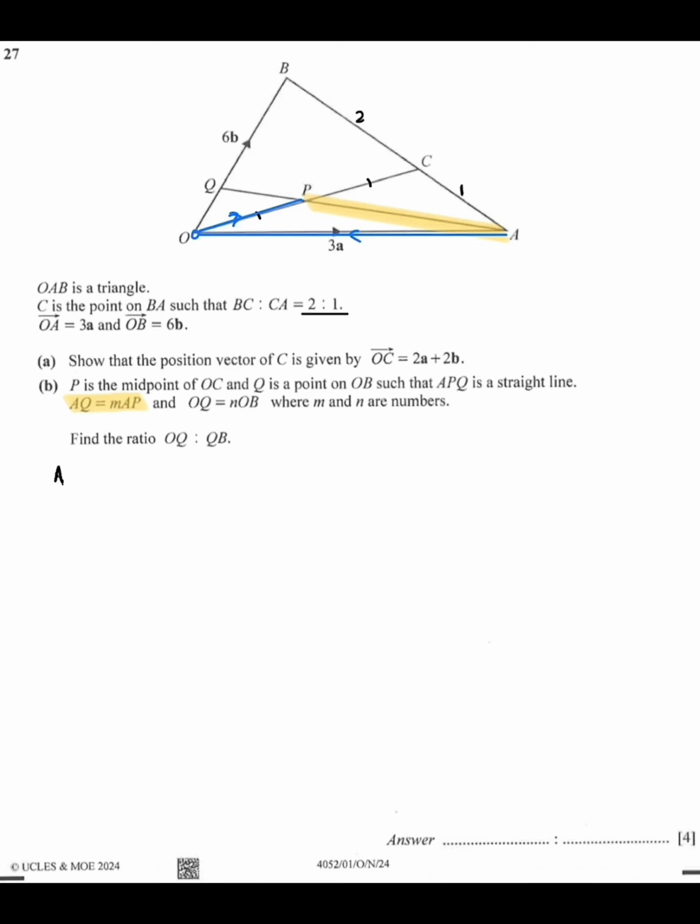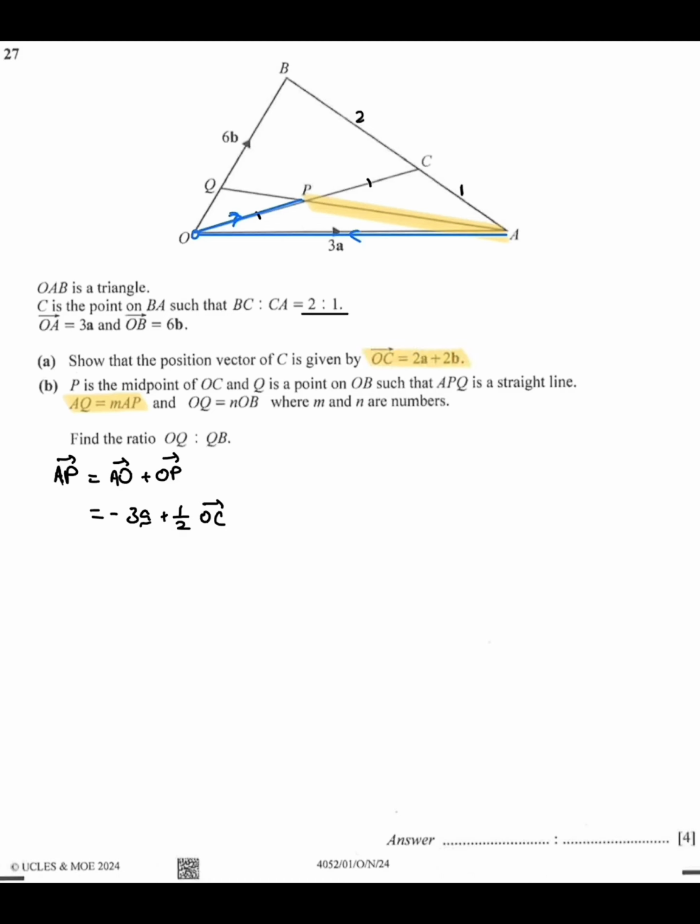Even though you think that we do not have the vector OP, remember that we did find the vector OC in part A, and OP is actually half of OC. So by filling in, we have negative 3A, which is AO, and half of OC.